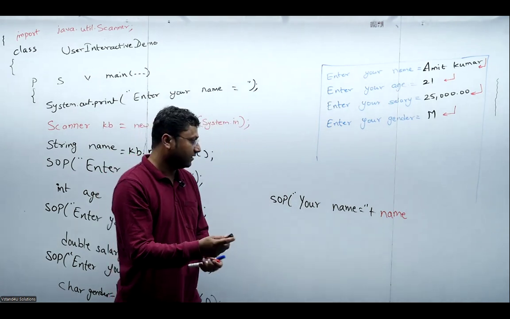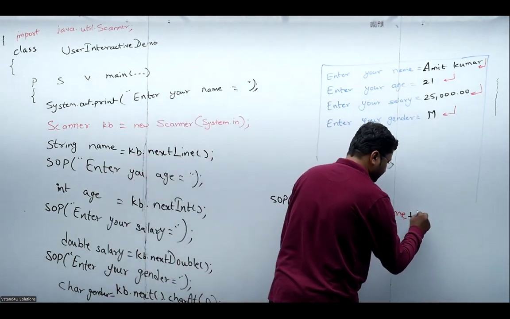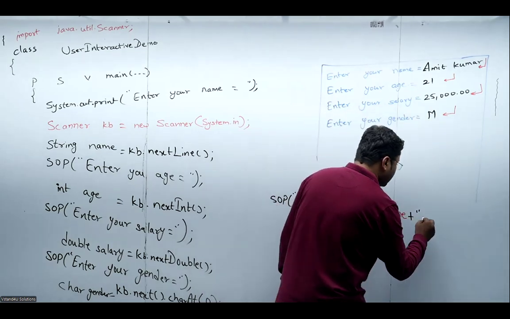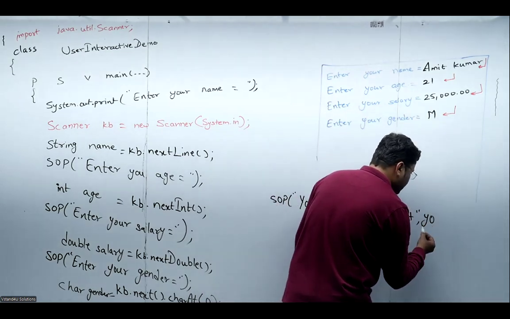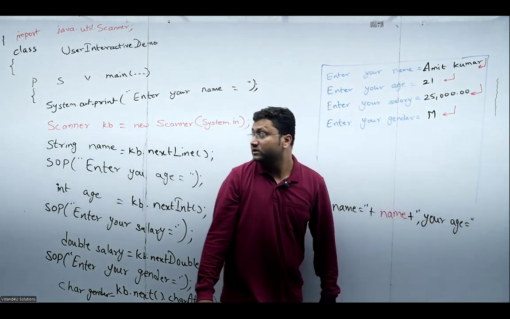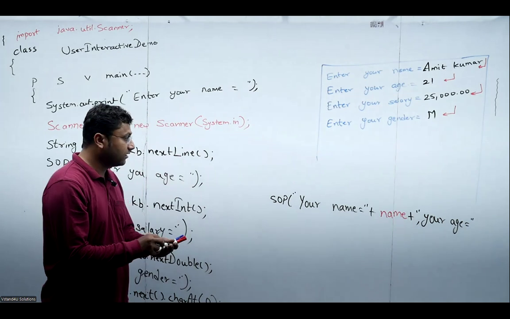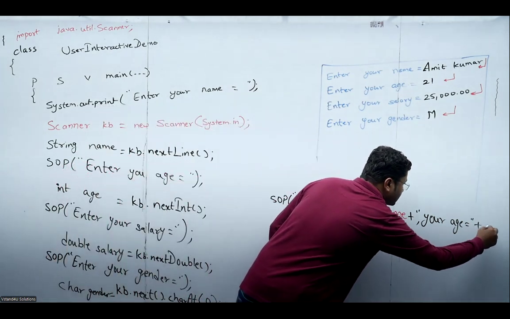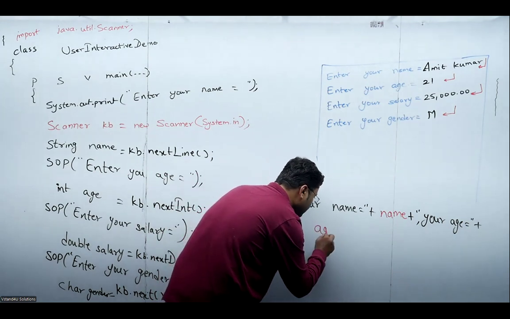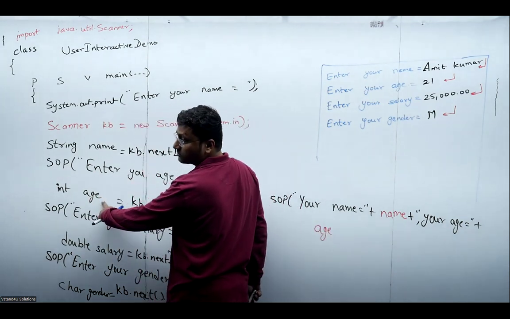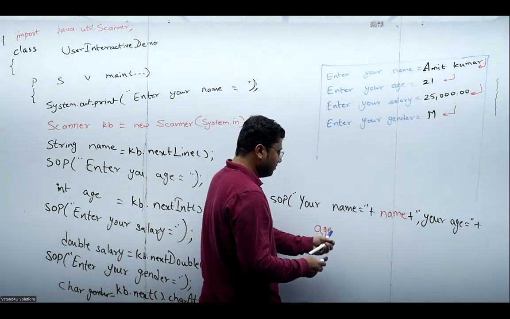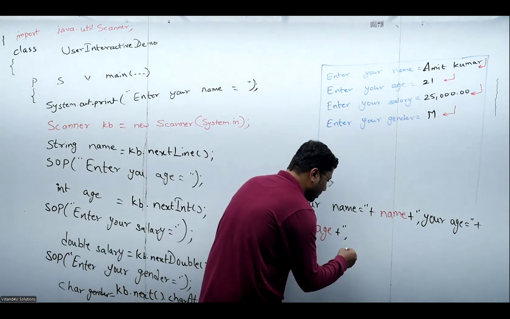I hope you understand. Then I'll say plus. Agree? Then I will say your age, comma, space, your age equal to. Am I right? Then I will say what? Plus, I'll give the age value with the help of a variable called age. This is the variable age. Agree?